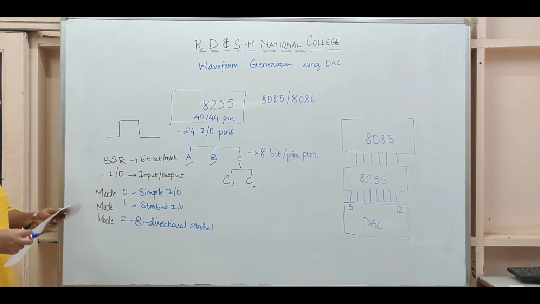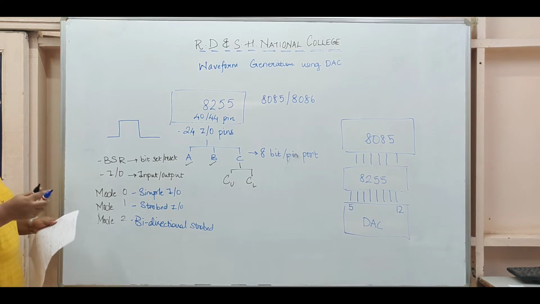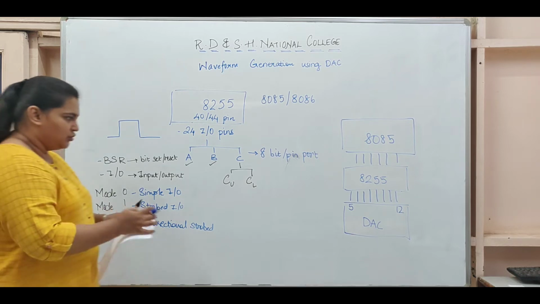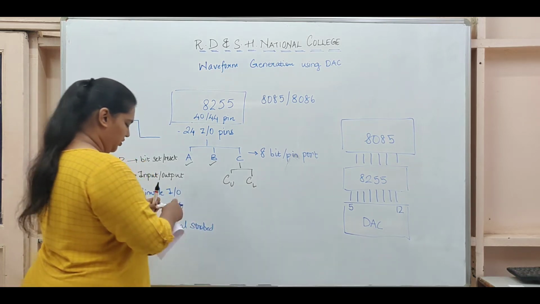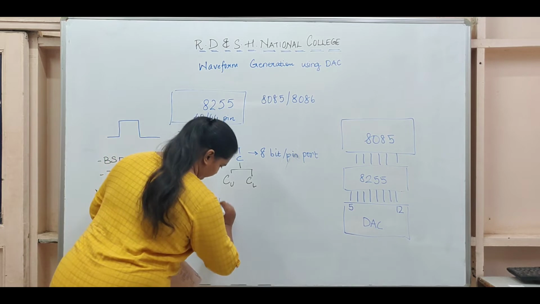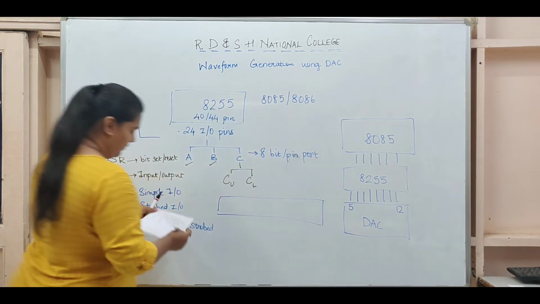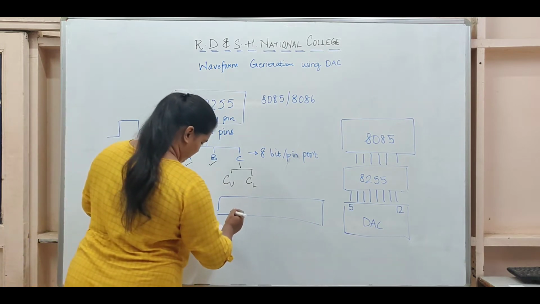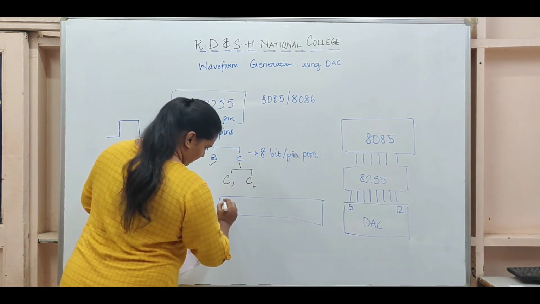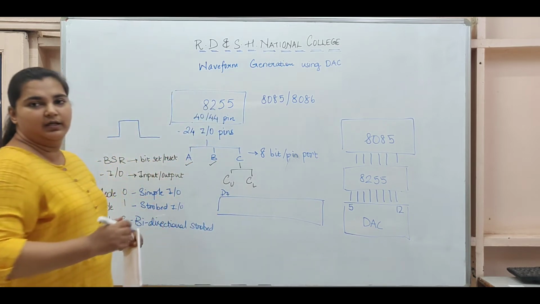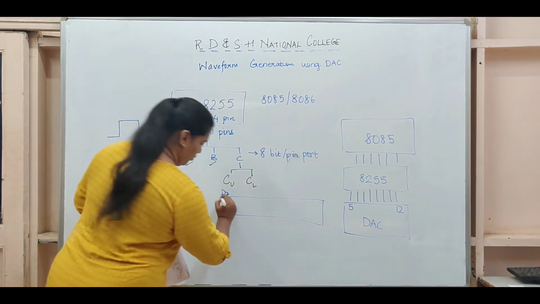Now let's look at the control word register, and what the values should be to match whichever mode we want to work in. This is how the control register looks. It is an 8-bit register. This 8-bit register has bit D7, which decides whether it is working in BSR or IO mode.